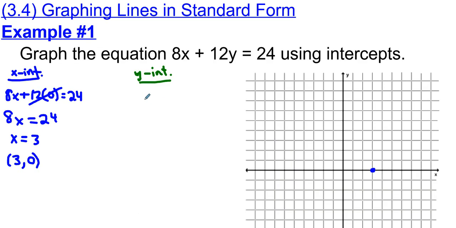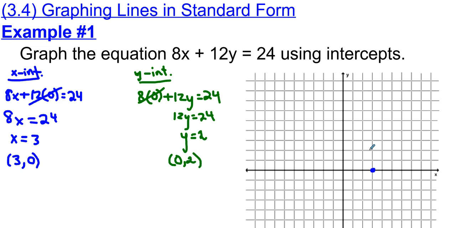The y-intercept, again with a y-intercept, x is always 0. So I'm going to substitute in 0 for x. Here it was 8 times x, now it's 8 times 0, plus 12y equals 24. 8 times 0 is 0, so that's gone. I'm left with 12y equals 24. Divide both sides by 12, you get y equals 2. So (0, 2) is the y-intercept.